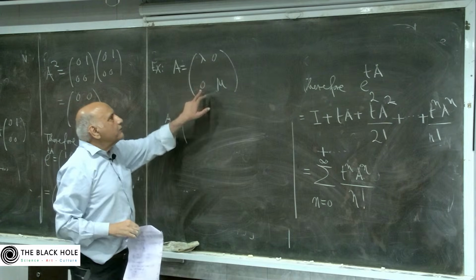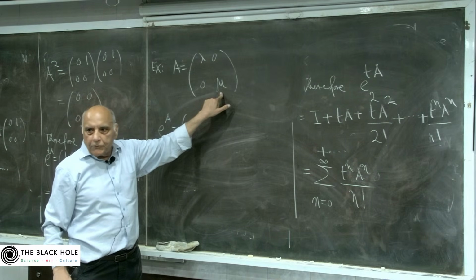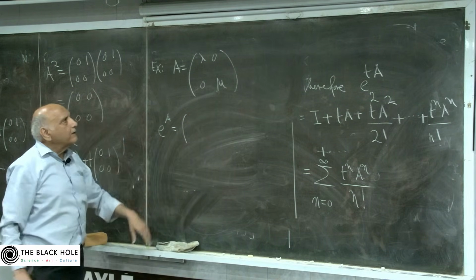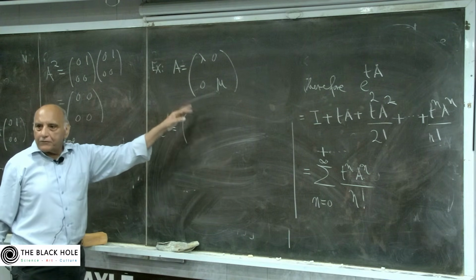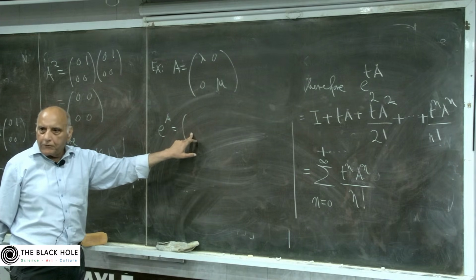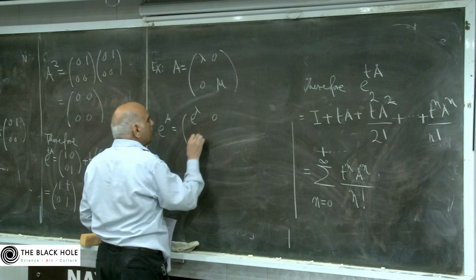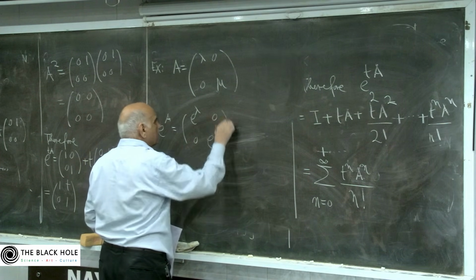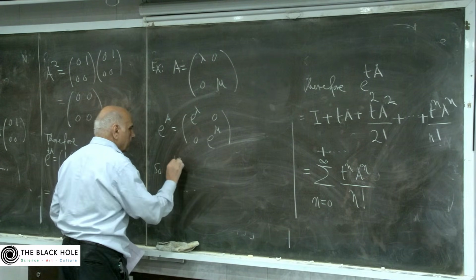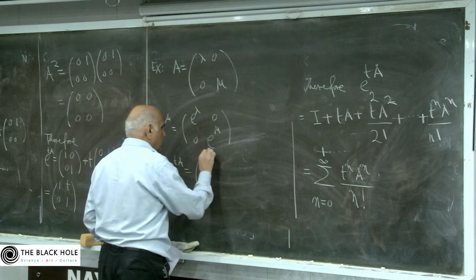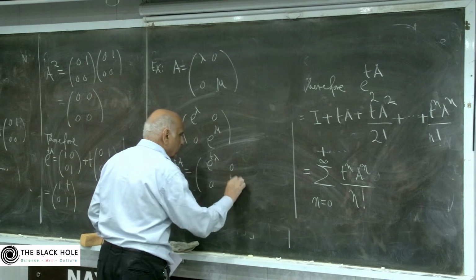If you take lambda 0 times 0 mu multiplied by lambda 0 times 0 mu, you get lambda square and mu square. So what is your guess? It would be 1 plus lambda square over 2 factorial and so on. So this will be e to the power of lambda, 0, 0, e to the power of mu. And so e to the power of TA would be e to the power of t lambda, 0, 0, e to the power of t mu. Okay.